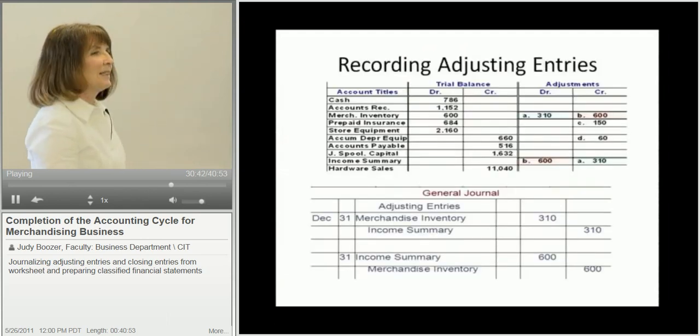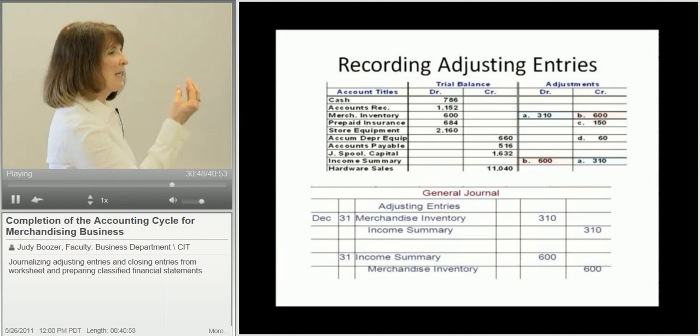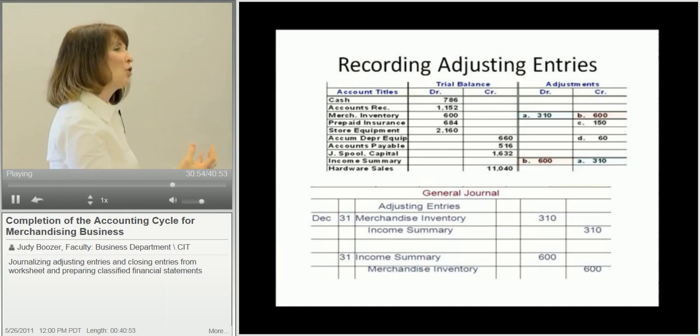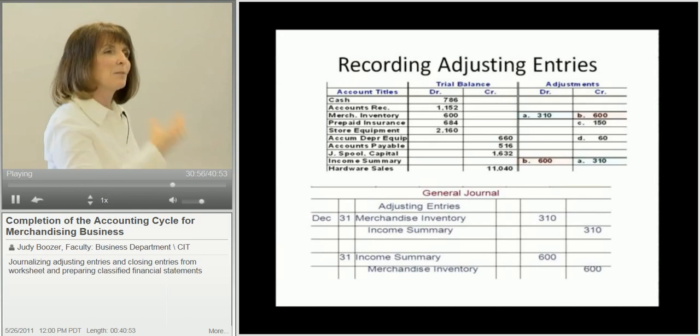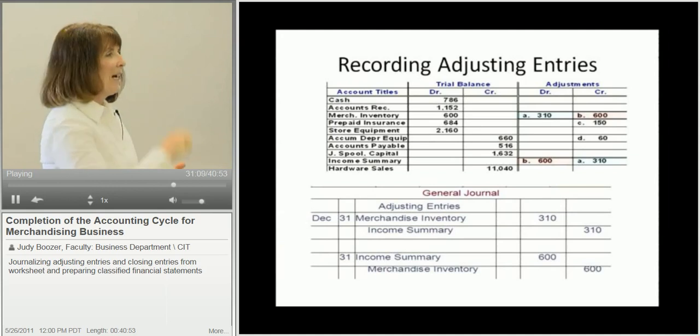All right. We're going to go backwards a little bit here for a minute. Remember last time we did adjusting entries or adjustments on the worksheet? And we updated merchandise inventory, we updated supplies, depreciation. Well, those have to be journalized just like we did before for a service business. So when you go to the journal to journalize those adjustments, what do you put at the top? Adjusting entries.